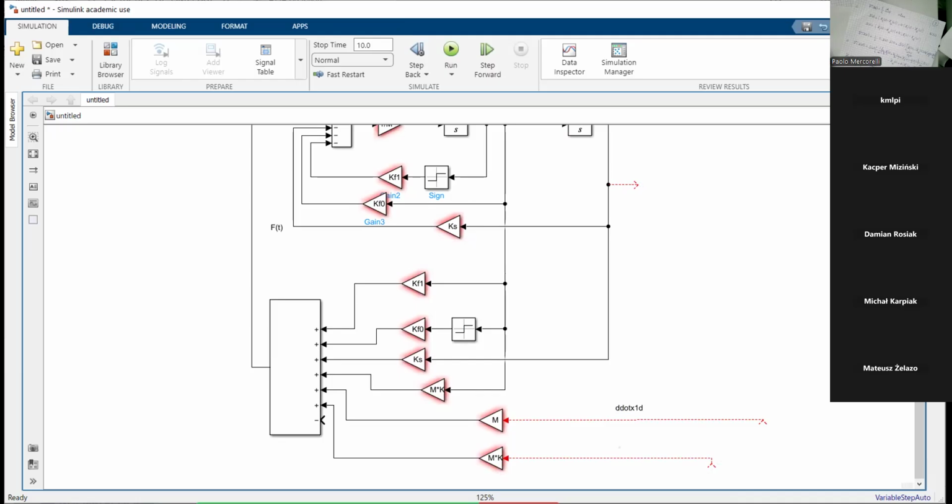Here is x2 desired. And the last one is the corrective part: eta m sgn multiply s of t. This must be defined.